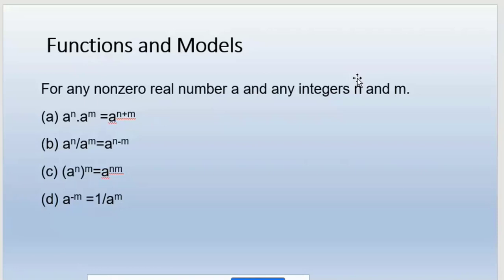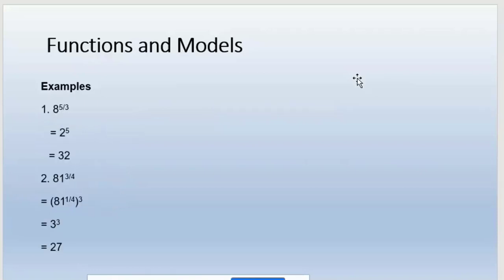No. Okay, let's continue. Now, based on the previous slide, let's look at these examples. We're saying 8 to the power 5 over 3 is the same as 2 to the power 5.